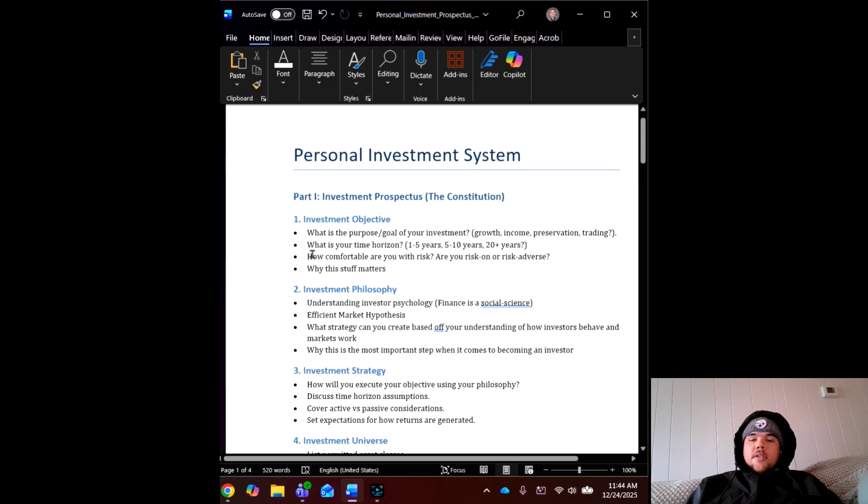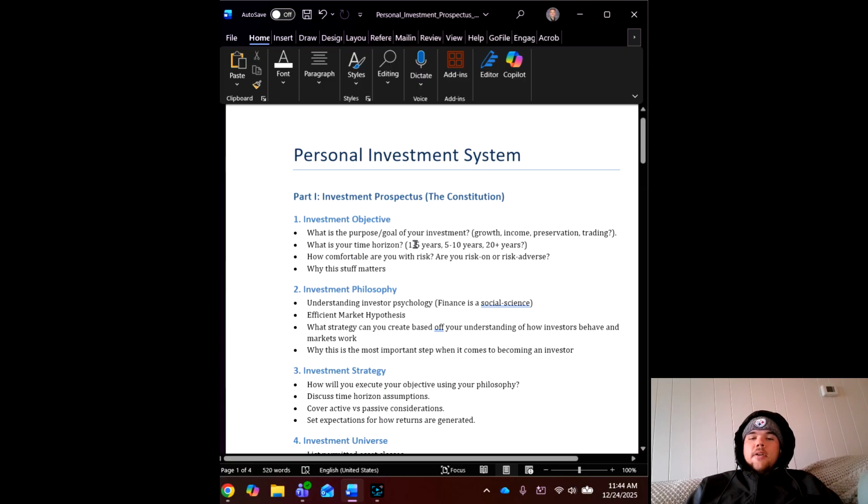And then the next thing you want to look at for your objective is your time horizon. Your time horizon has somewhat to do with the purpose or goal of your investment. If your purpose was to increase the capital you have for a down payment on your first house, your time horizon will probably be between that 3 to 8 year mark.